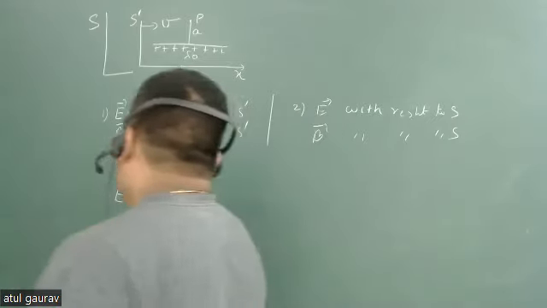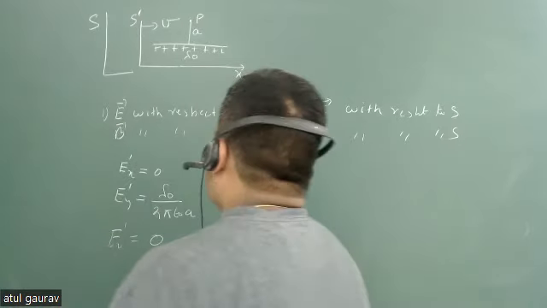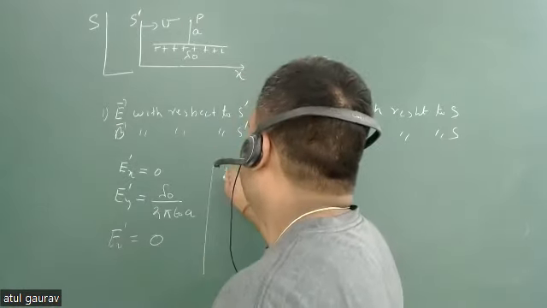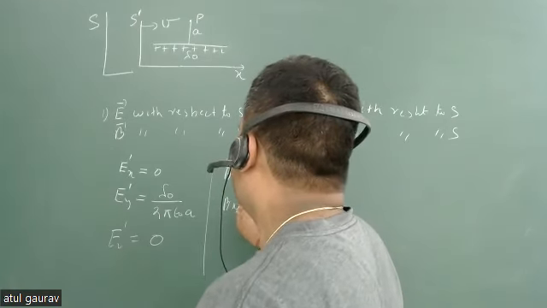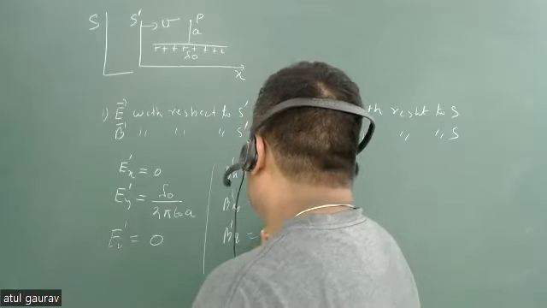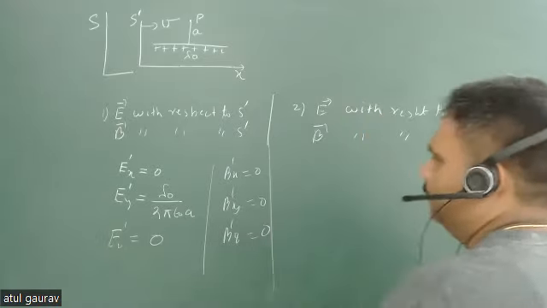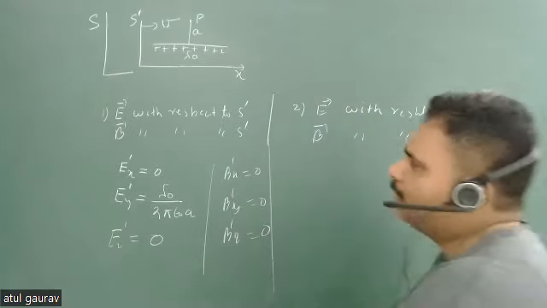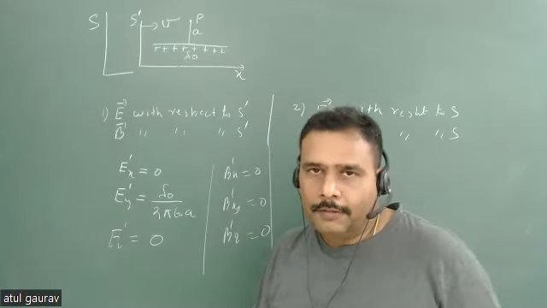And what about your Ez dash? That value is again 0. And your magnetic field is obviously 0 because there is not any current flowing along the x-axis. So this is over. You have done all these things since your +2 level.